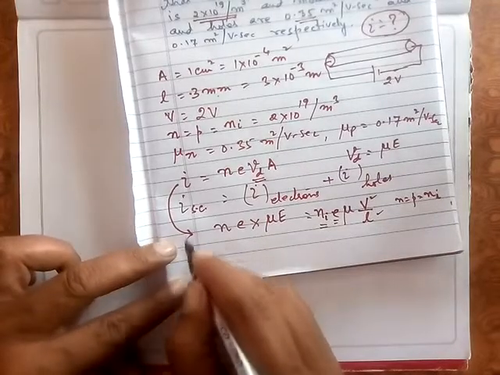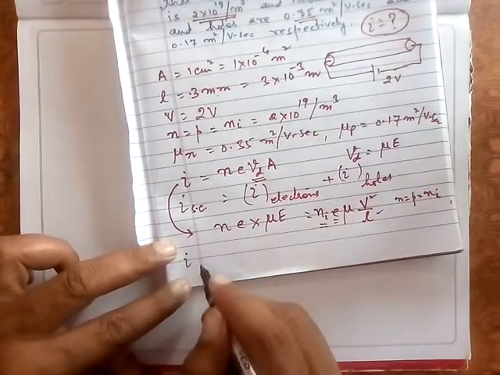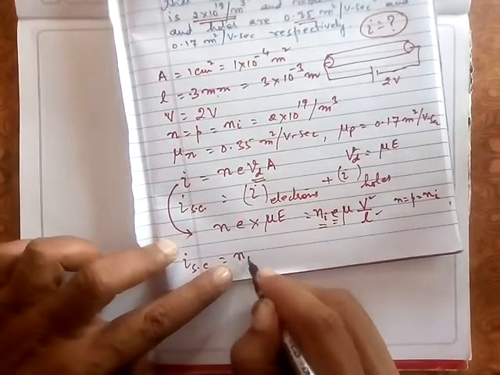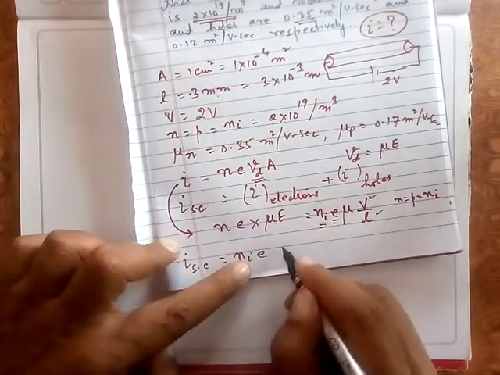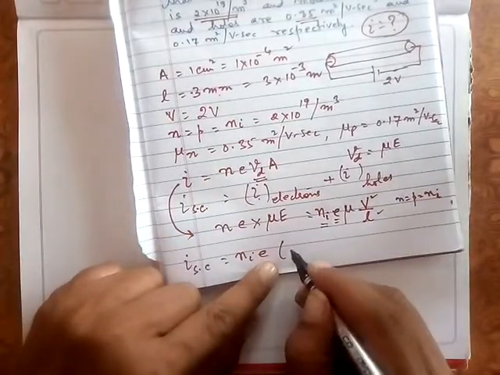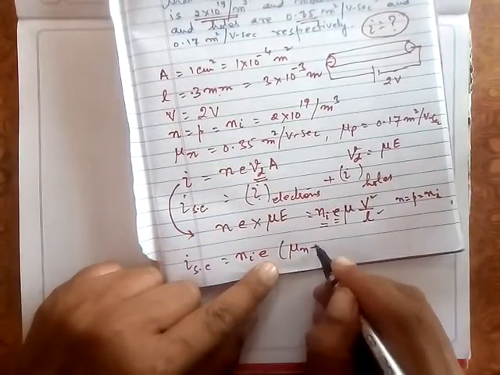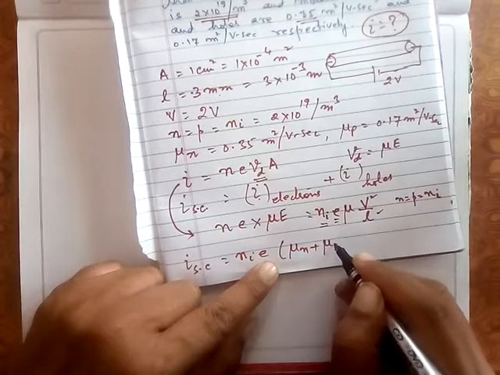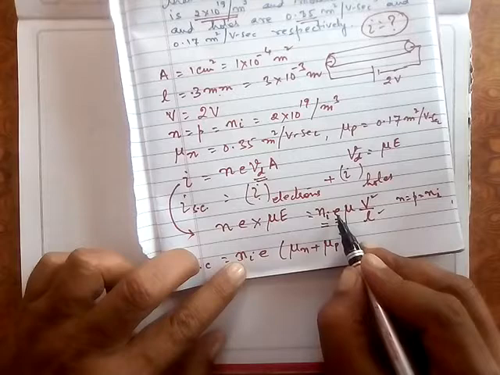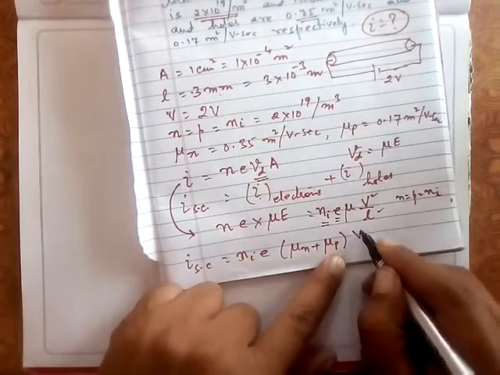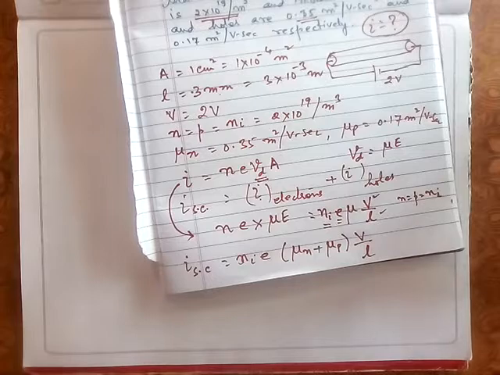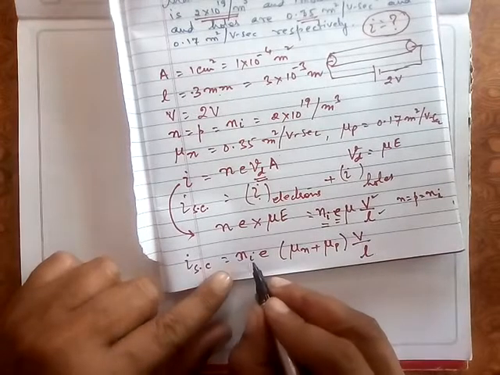So I can say that the current produced in this semiconductor is equal to Ni into E into, in place of mu, mu n plus mu p, into V by L. I hope that this is clear to you.